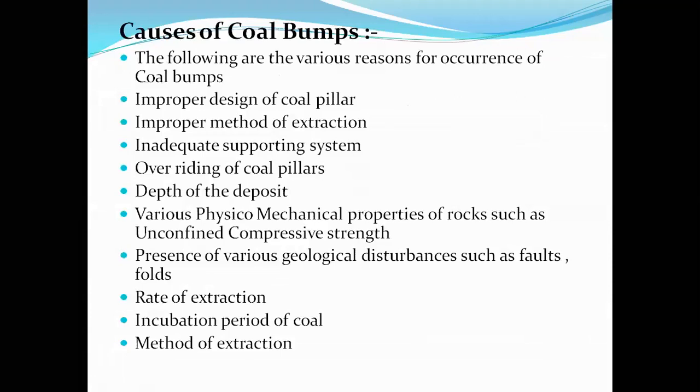Inadequate supporting system. Yes, we need to provide a proper supporting system to avoid coal bumps. Okay, generally what happens, right? If the coal is overlying on the surface of the deposit, and there are some important surface features, but still we want to carry out the mining activity.